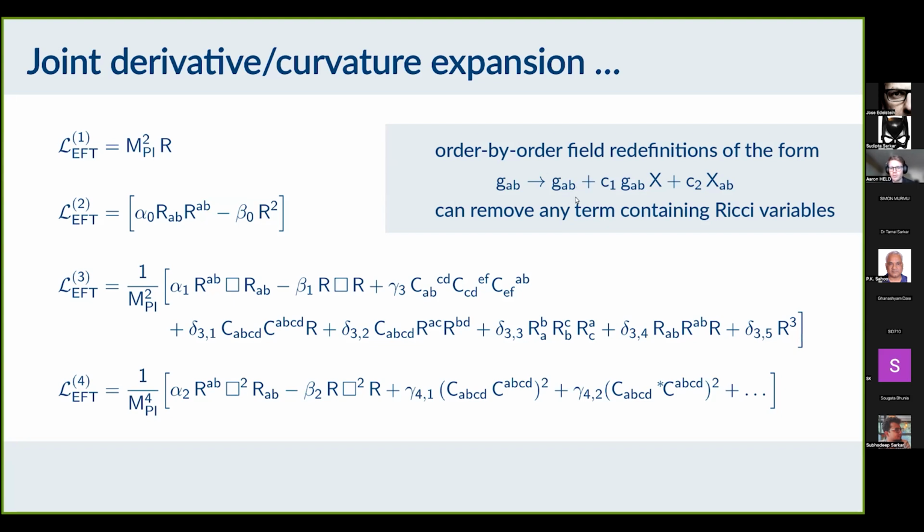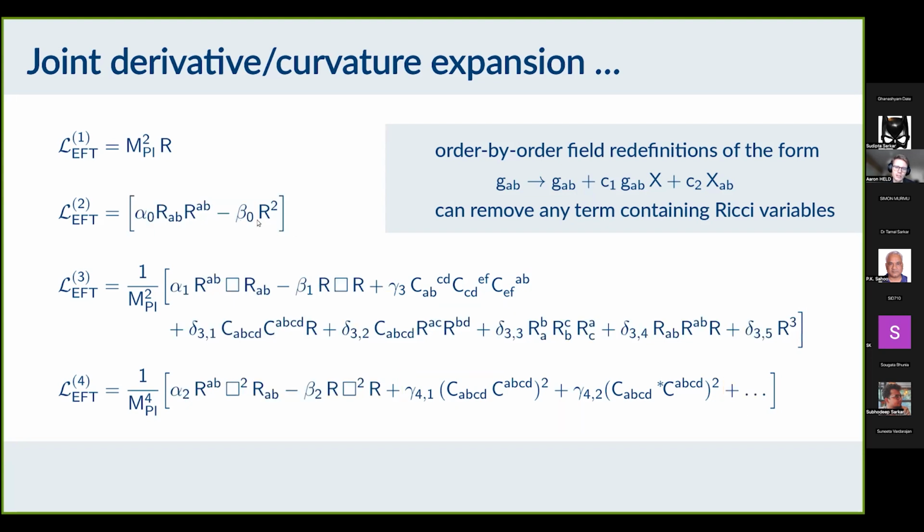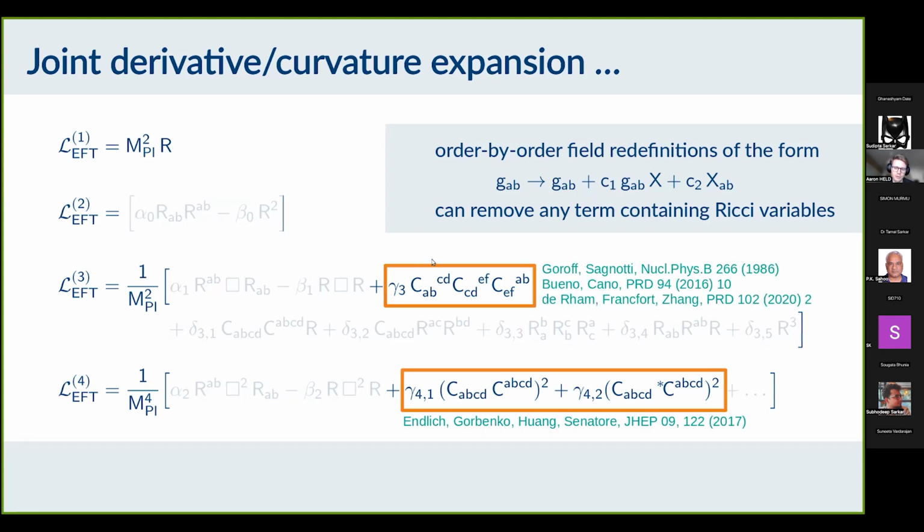So if you perform these field redefinitions, you can already see that I can now use, in terms of X, the Ricci scalar, and in terms of X_ab, the Ricci tensor. That means I can reshuffle terms into others, and I can in fact remove all the terms which contain a Ricci tensor or a Ricci scalar by such a field redefinition, perturbatively. So I would be trading these terms order by order for terms of the next higher order.